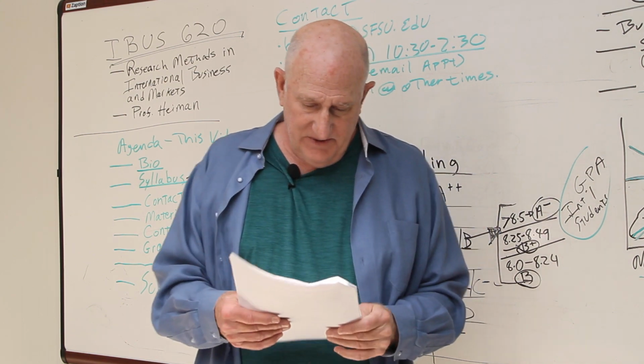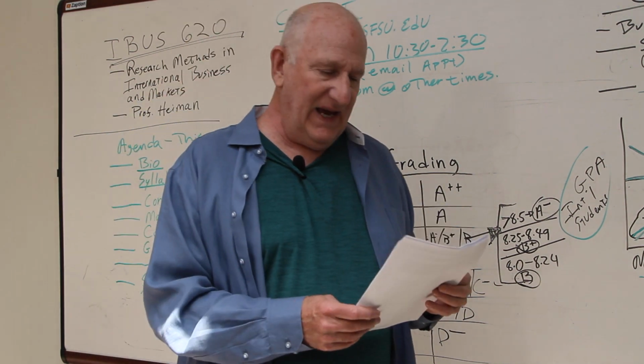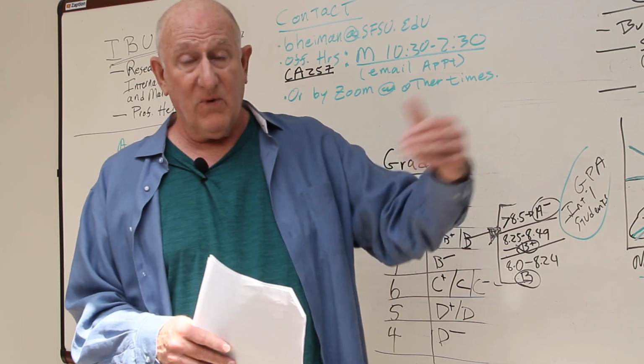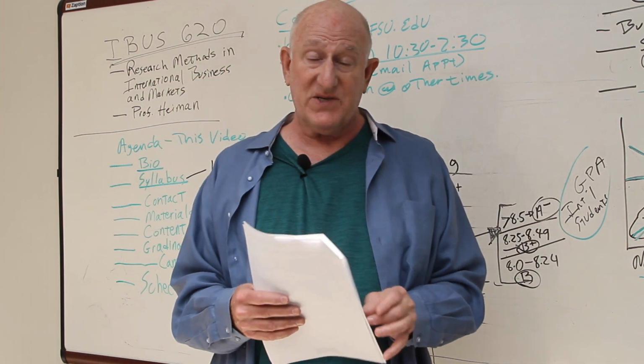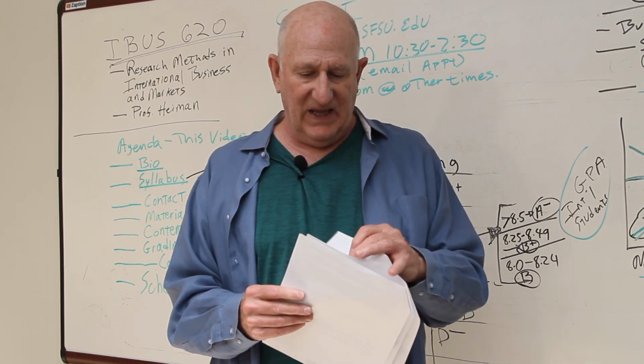All right? So stick to the schedule closely, work ahead as much as you can. Don't get behind in the class. There's more work and more difficult work coming near the end of the semester than there is in the beginning of the semester, just as that's true for many, many classes.